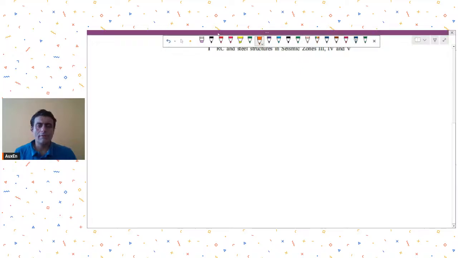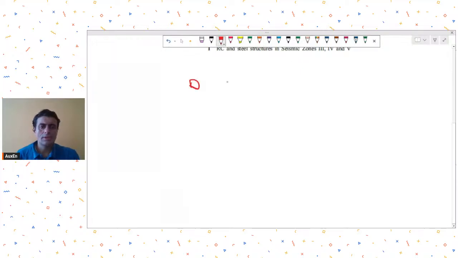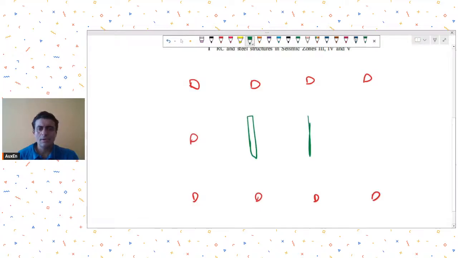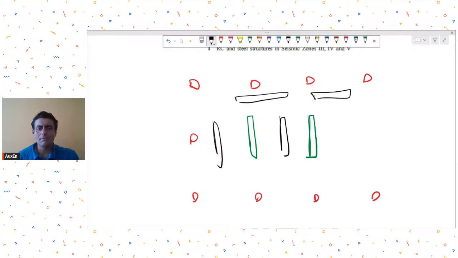So let's say you have a structure over here which is having perimeter RC columns, peripheral frame, let's say. Okay. And then you have some walls inside. So it's a dual system. It's a very, very childish diagram, but imagine this to be the diagram right now.